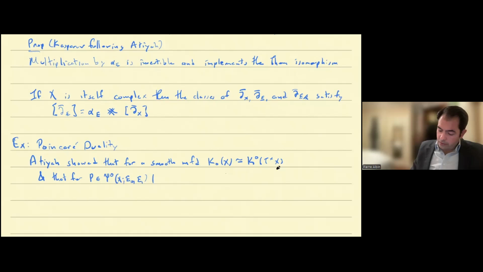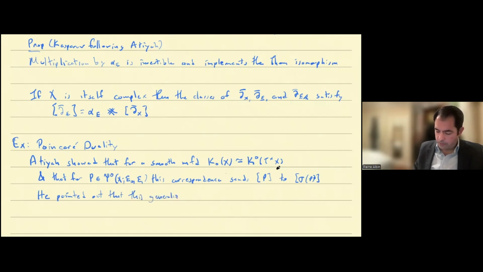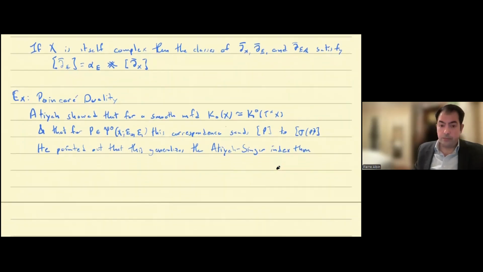And Atiyah showed that when you're looking at those, then this correspondence sends the class of P to the class of the symbol of P. He pointed out that this generalizes the Atiyah-Singer index theorem, and I'll say more about how it does in a moment.